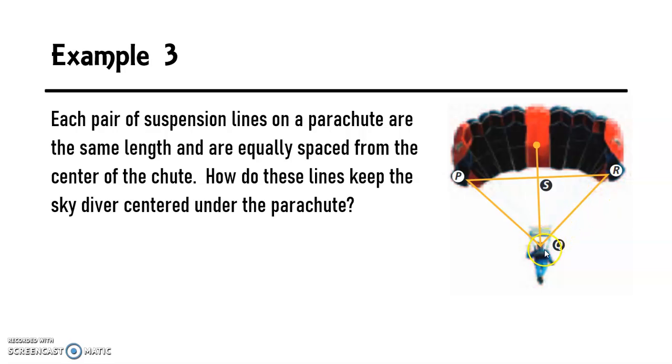Because they're equal, I know that QS is the perpendicular bisector of PR, meaning that PS is equal to SR, and the skydiver will always be centered under the chute, which is a good thing because if he's not centered, he will be spinning, and that would be bad.